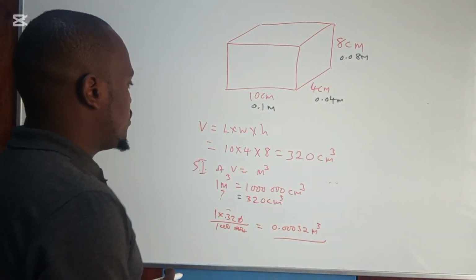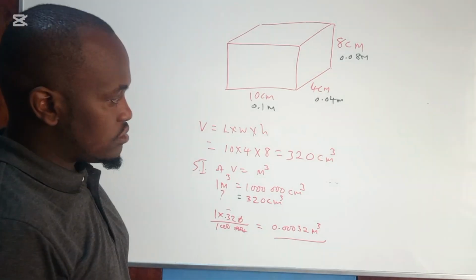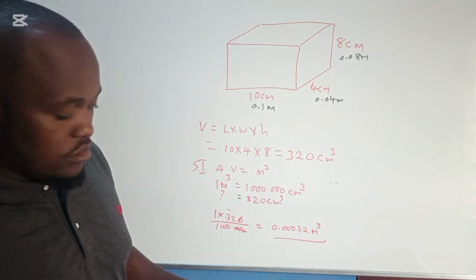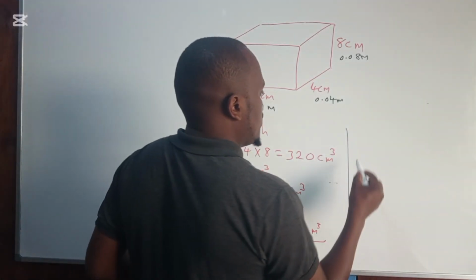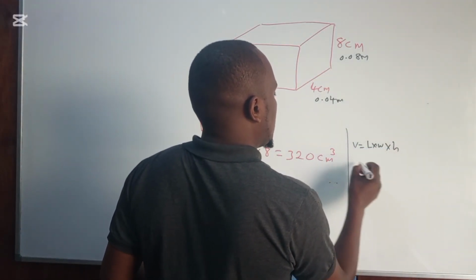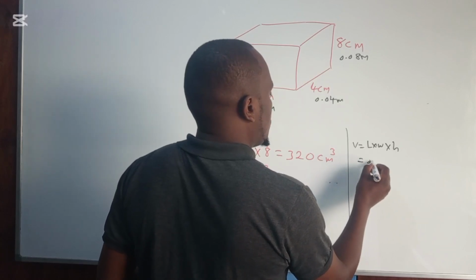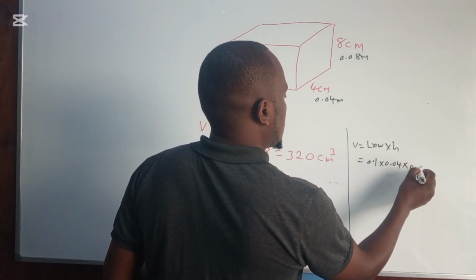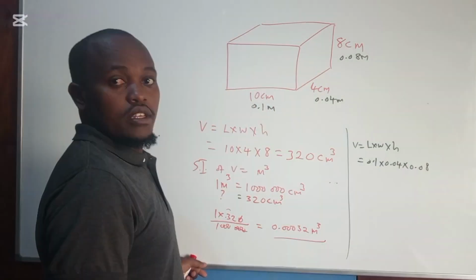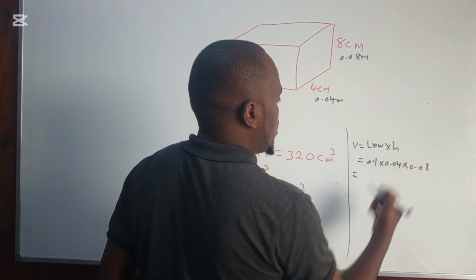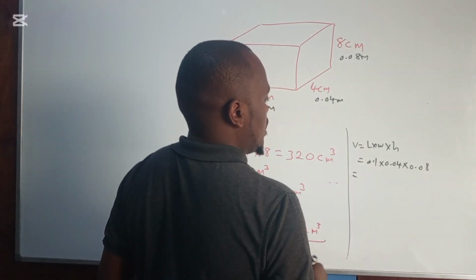And then the volume, let me write here, volume is length times width times height. It would have been 0.1 times 0.04 times 0.08. And your answer would be, you multiply without the decimals, then you add the decimals later.